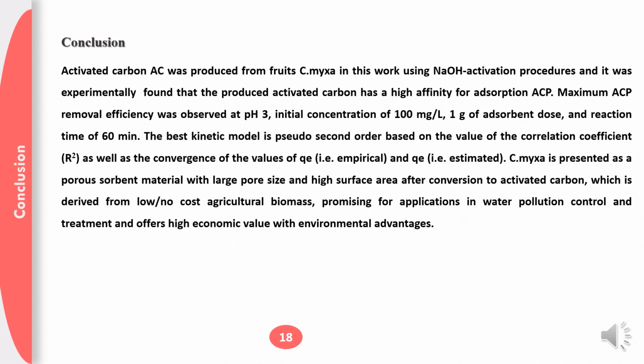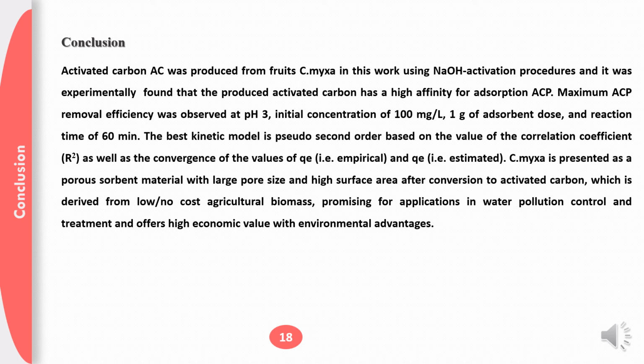Conclusion: activated carbon was produced from Cordia myxa fruit in this work using the NaOH activation procedure, and it was experimentally found that the produced activated carbon has a high affinity for adsorbing acetaminophen.